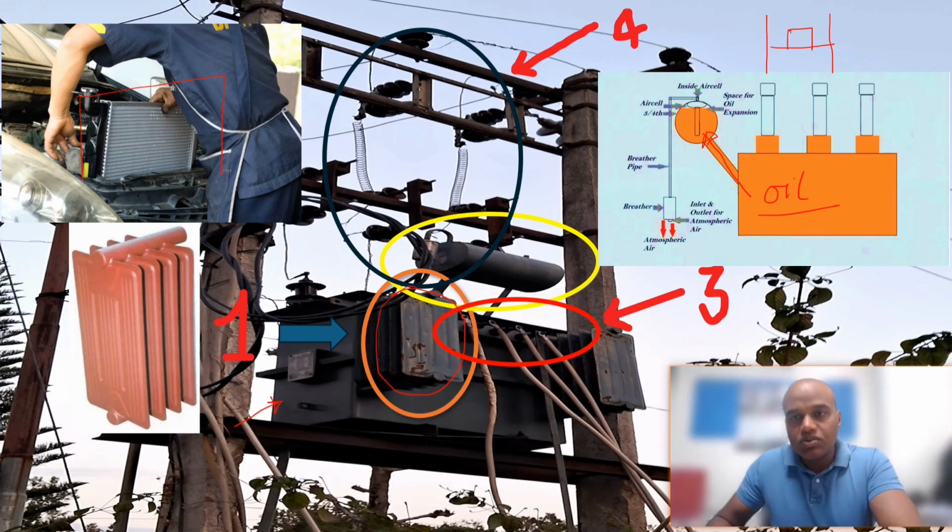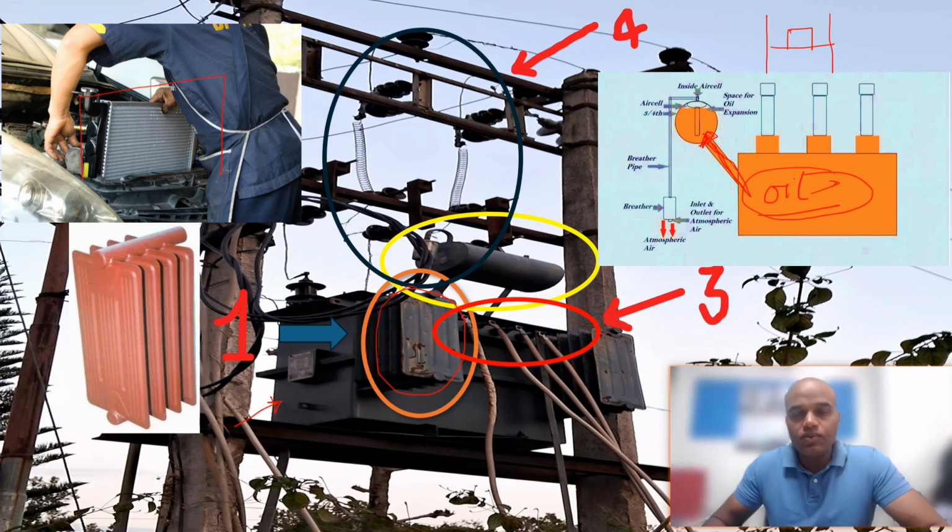When oil inside the transformer tank gets heated up, because the windings are submerged in it and the applied voltage to the windings produces heat because of I square R, this heat is taken by the oil. When the oil gets heated up, it expands and goes towards the conservator tank. This provides a way to reduce the pressure which builds up inside the transformer tank. That's why the conservator tank is used.